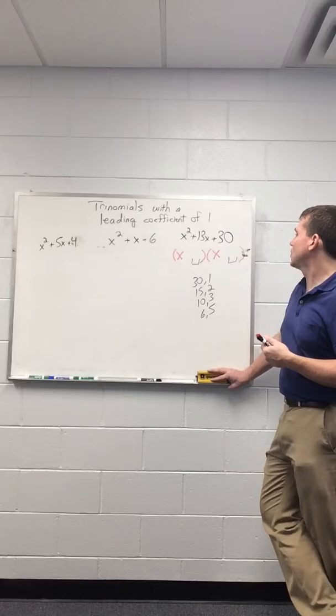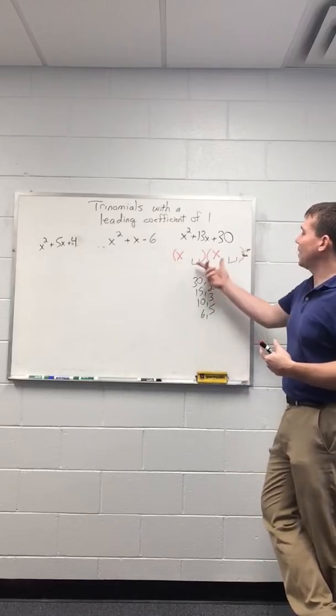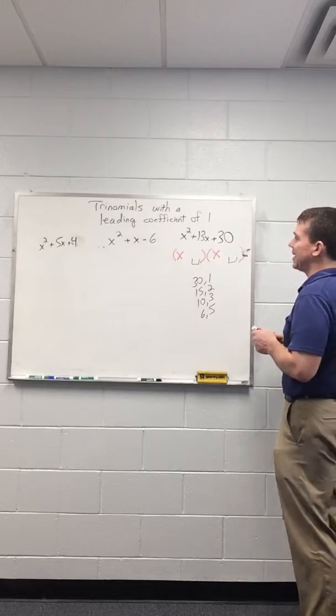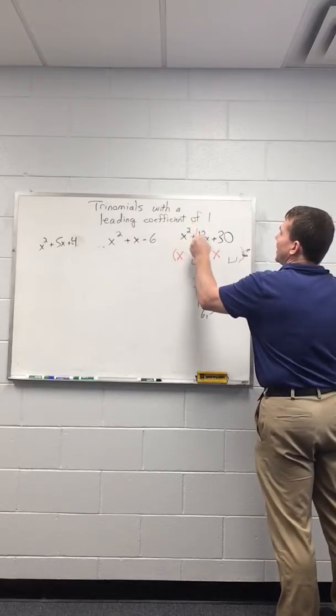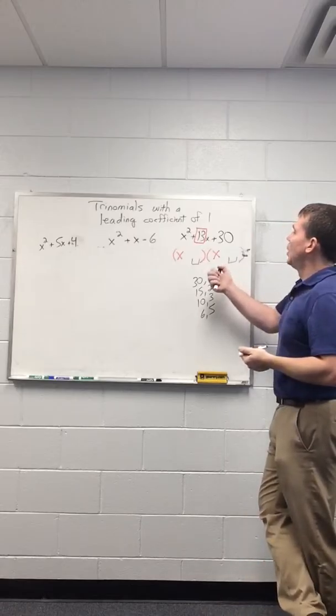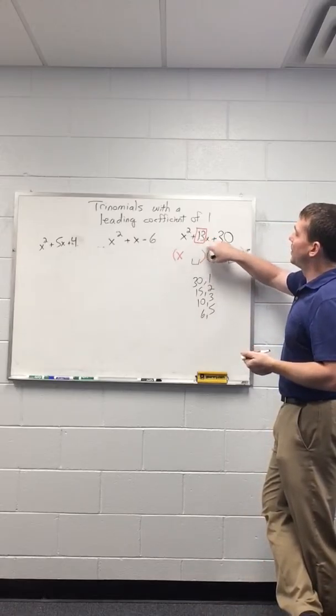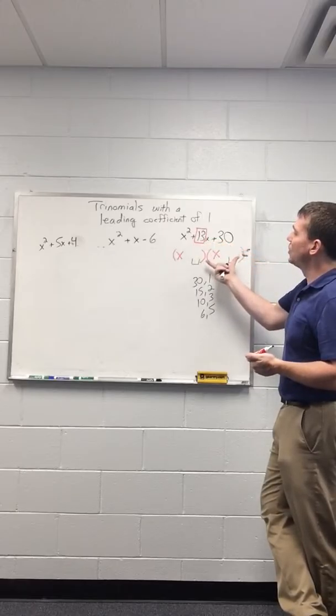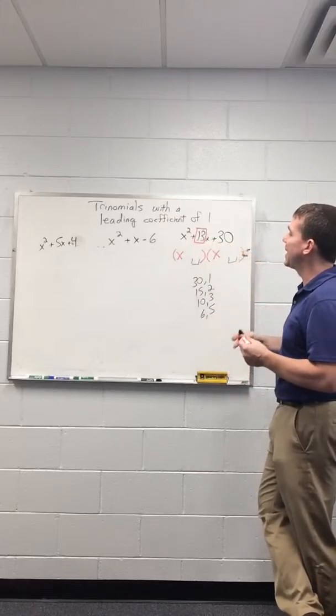And in this case, now I have 4 different combinations of numbers that can go here. But the trick to this is, I can look at the middle term, the middle coefficient. And whatever 2 numbers multiply to 30, but also add to 13, those are the numbers I want. And we'll show why in a second.